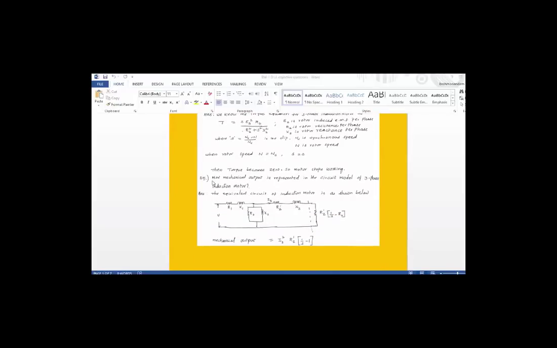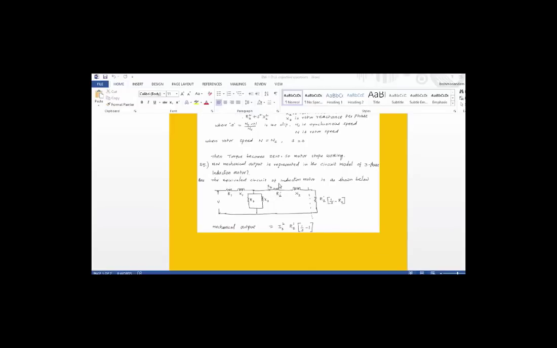Next, last question, that is 25th question. How is mechanical output represented in the circuit model of a three-phase induction motor? We know the equivalent circuit of a three-phase induction motor as shown below. So this is the applied voltage per phase, and this is stator winding resistance per phase R1, and this is stator winding reactance per phase X1, and R0 and X0 are the no load components or core loss components.